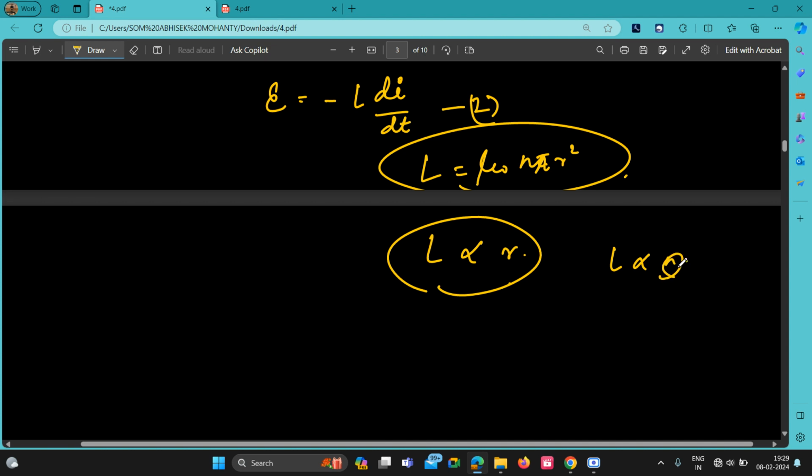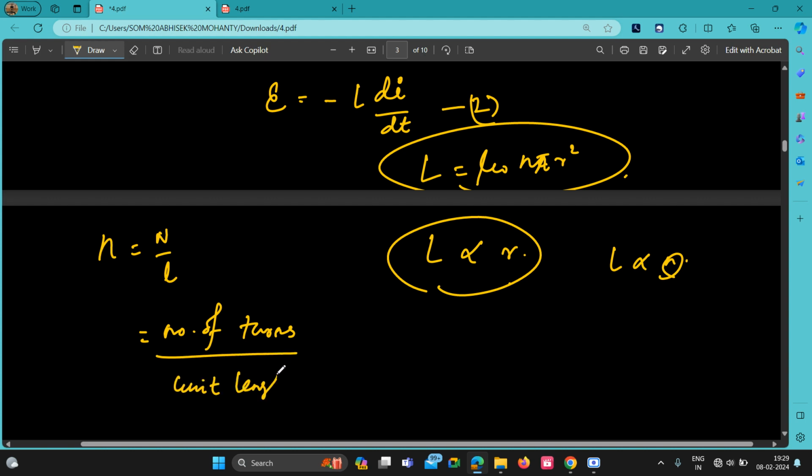Actually, what is small n? Can you tell me what is small n? It is actually N by l, number of turns per unit length. Number of turns per unit length.